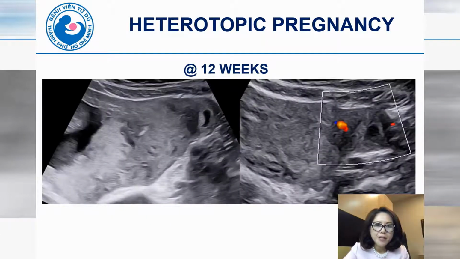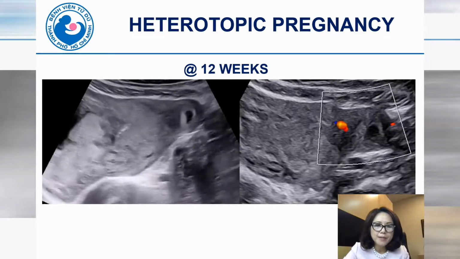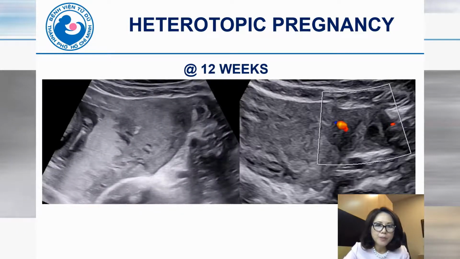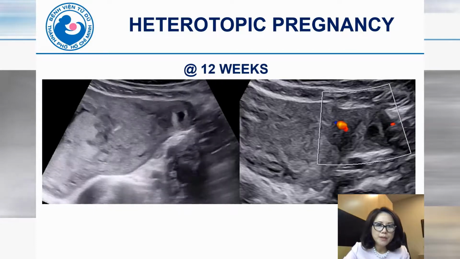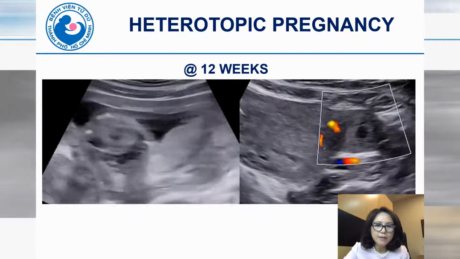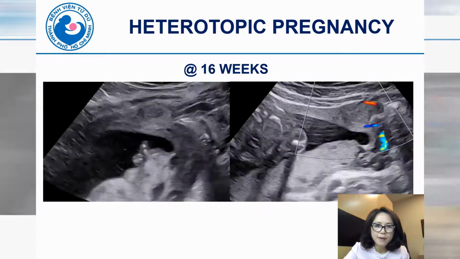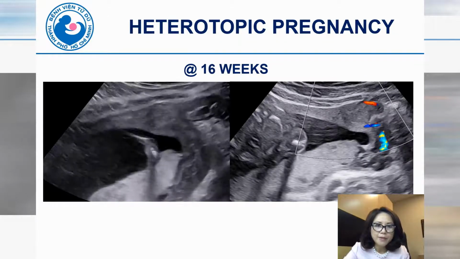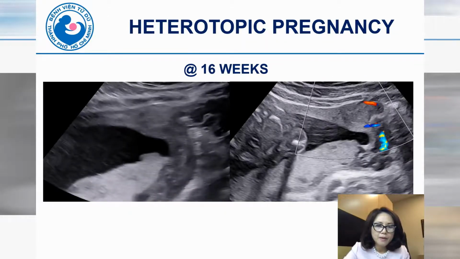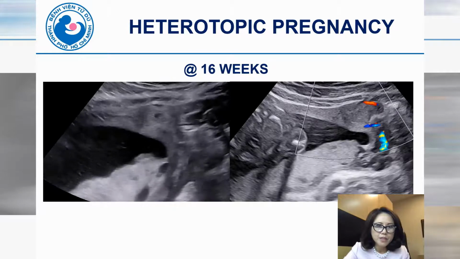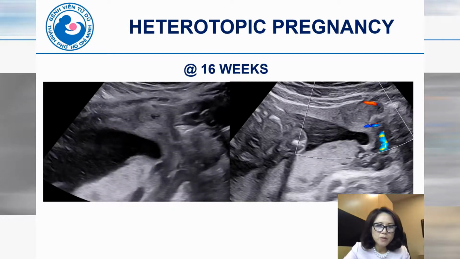And the same patient at 12 weeks: you can see the interstitial ectopic pregnancy is smaller. This is 2D, and this is the Doppler. And this is at 16 weeks. The interstitial ectopic pregnancy is also smaller.